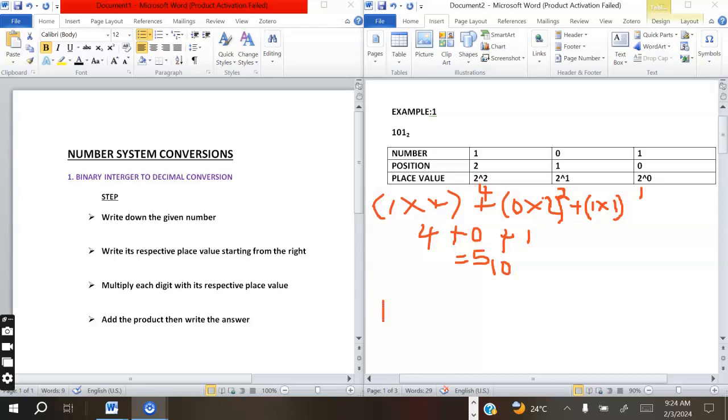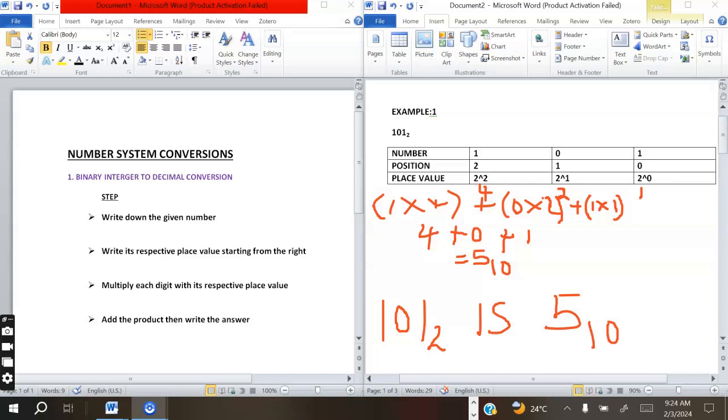Therefore we can conclude by saying that 101 base 2 is 5 base 10. So we have successfully converted the binary 101 base 2 to 5 base 10, which is a decimal number.